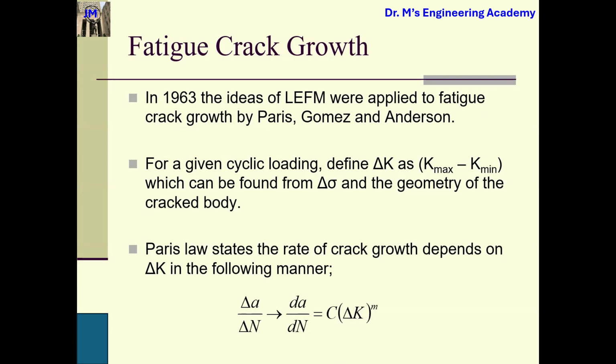C and m are material parameters. Can you write down? And what are C's value and m's value? You need to do experiments for this material to obtain experimental data. Write down, guys: C and m are material parameters.